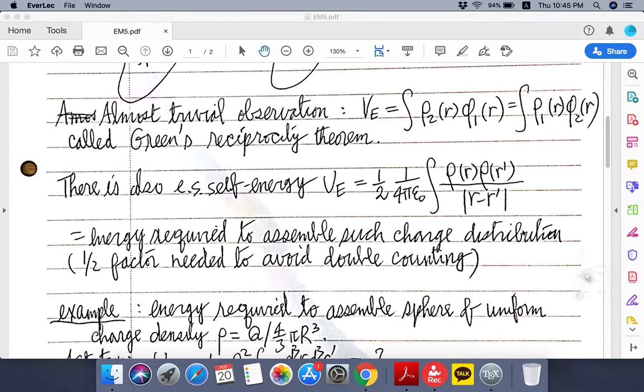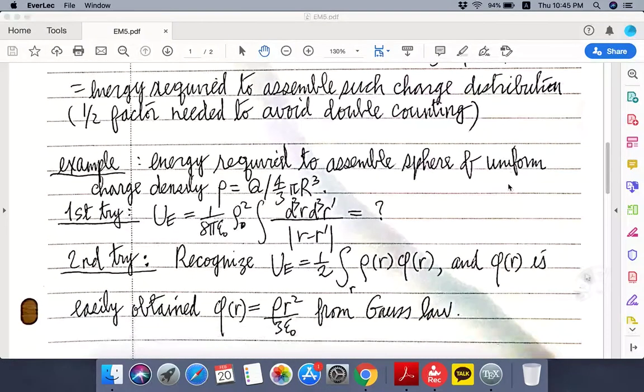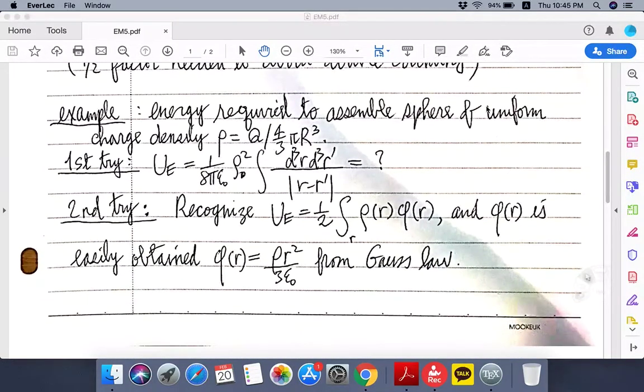And this energy has a nice interpretation as the energy required to assemble this particular charge distribution. A good example is if you have a spherical charge in the form of a sphere having the radius r, and for the sake of simplicity, let's assume that the charge density is uniform all across the sphere.